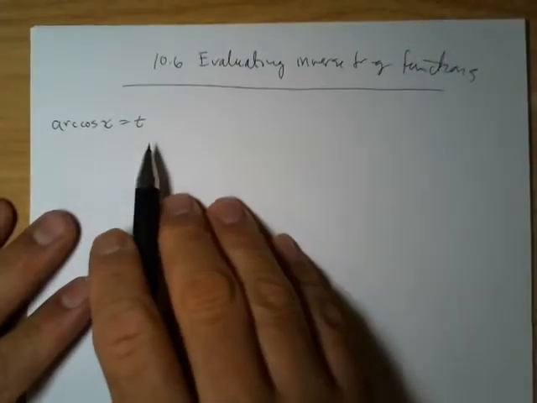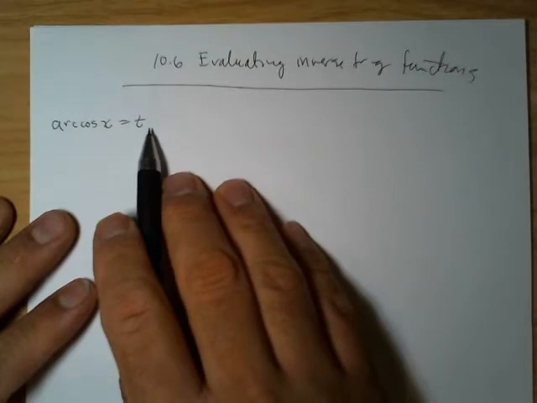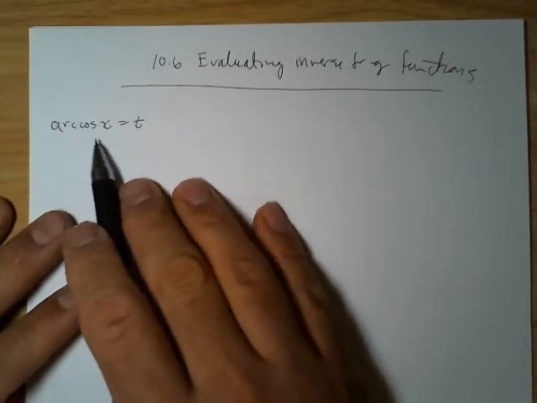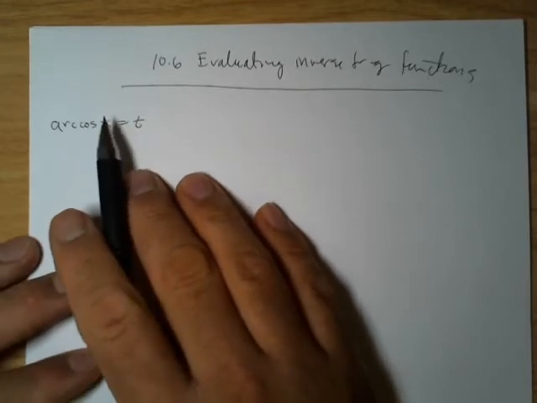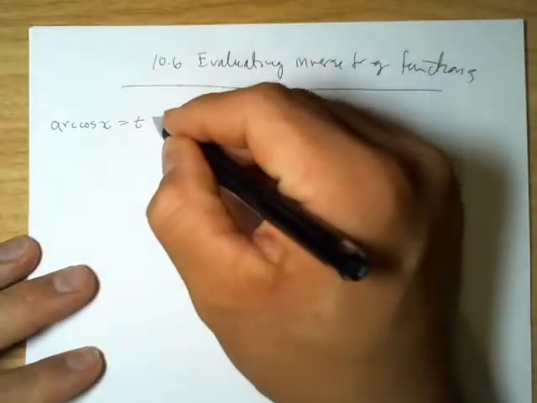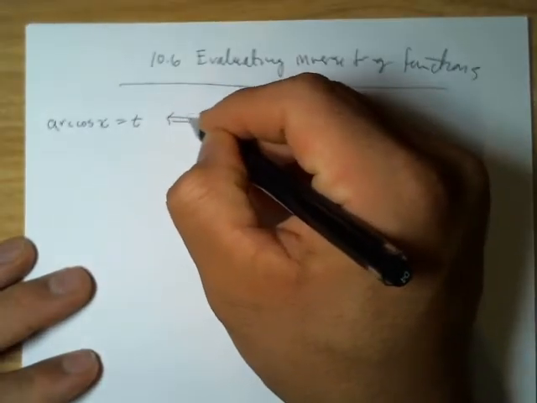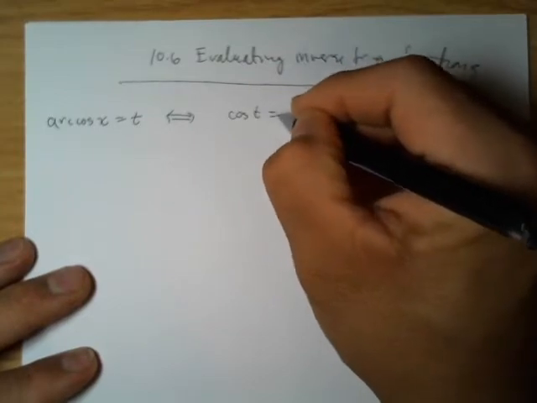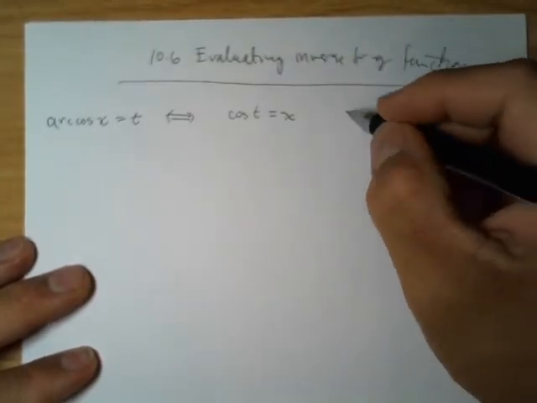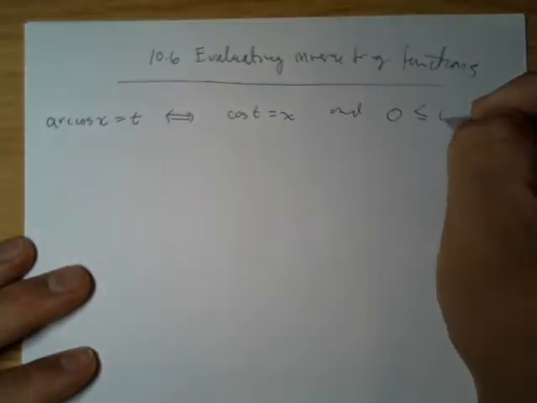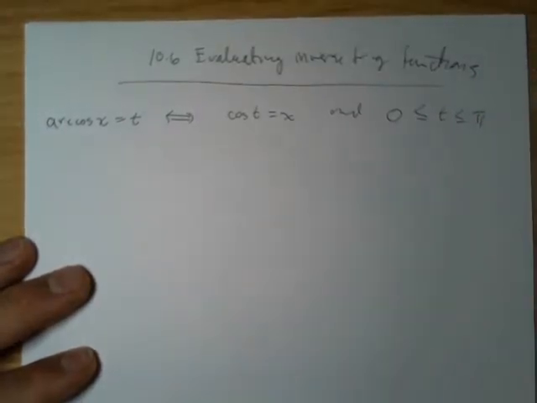Think of the output as some angle t, and the input x as the ratio of those sides of a triangle. So this is true if and only if cosine of t is equal to x and t falls between 0 and pi.